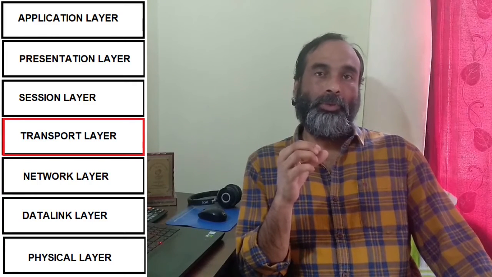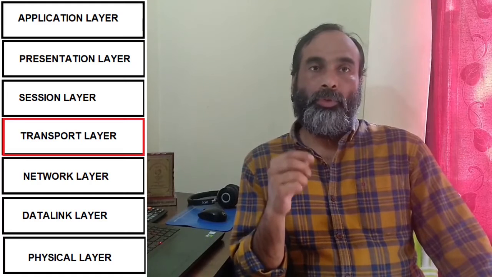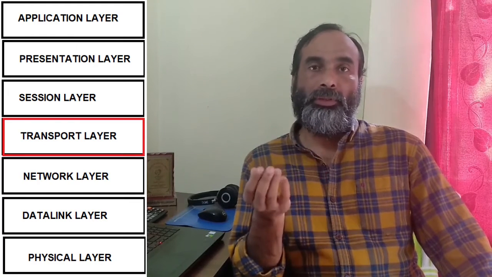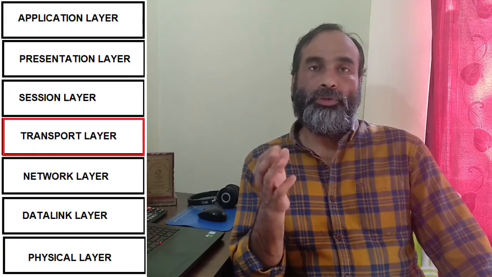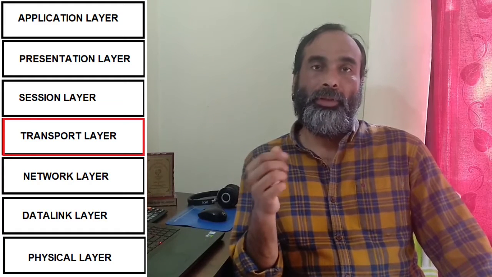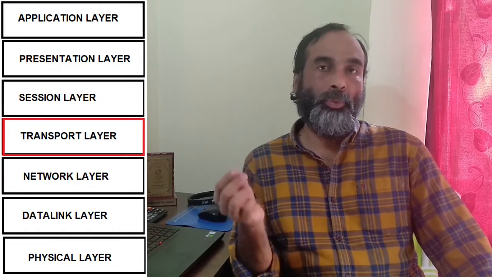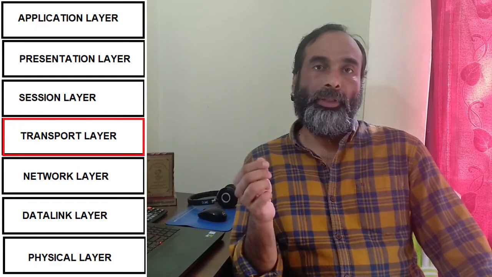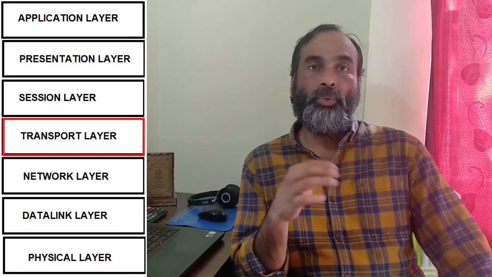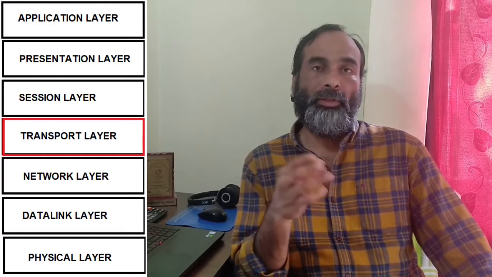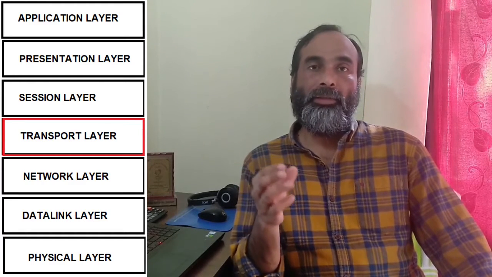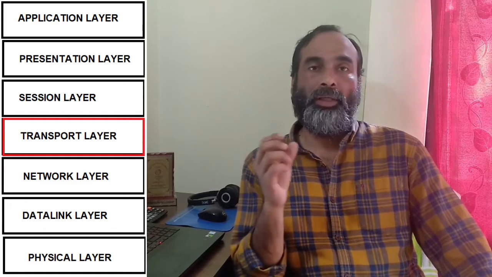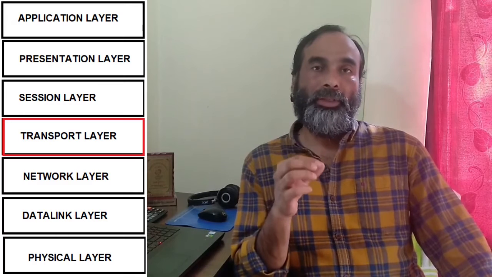To send data from one computer to another computer, this transport layer uses two main protocols. One is TCP and the other one is UDP. The main difference is that UDP won't give you any guarantee that the entire package or the data you are sending will reach the destination computer.